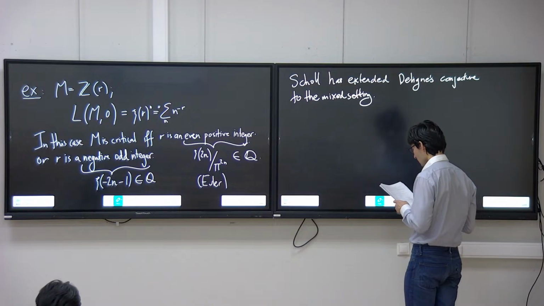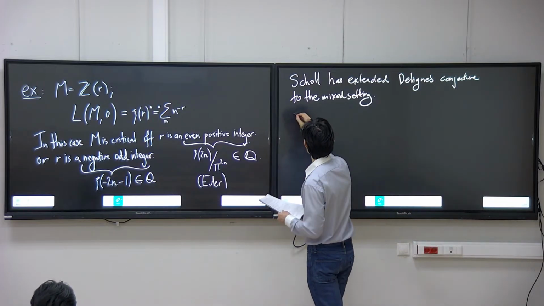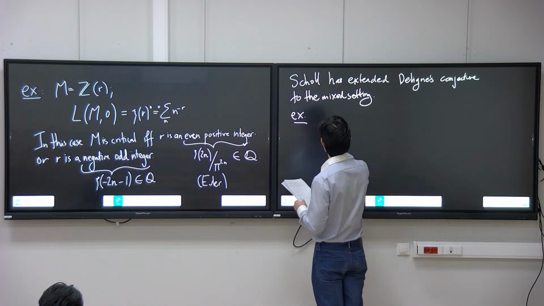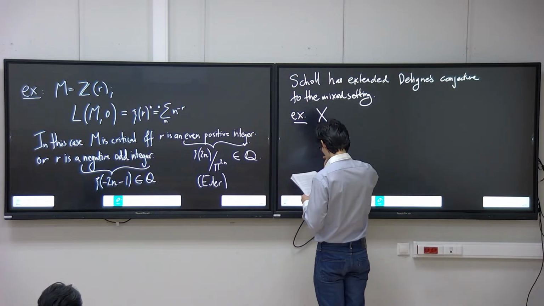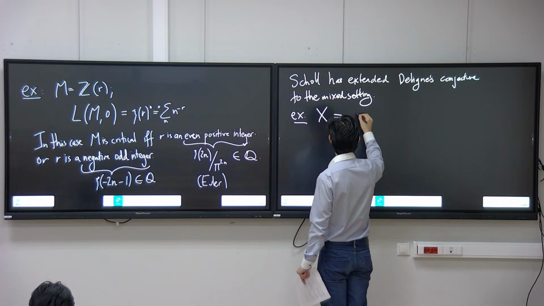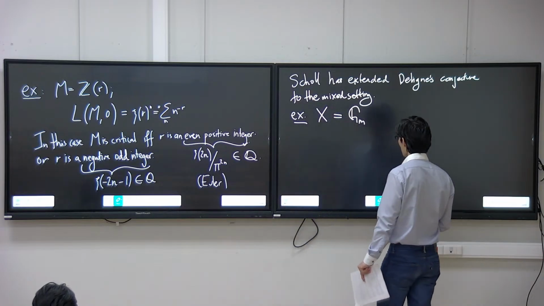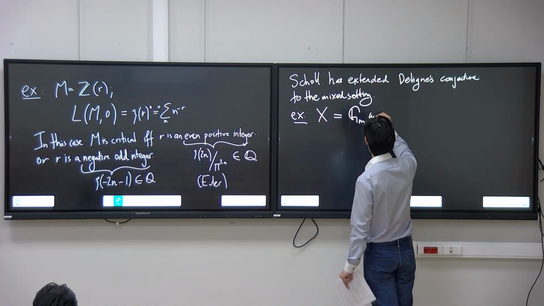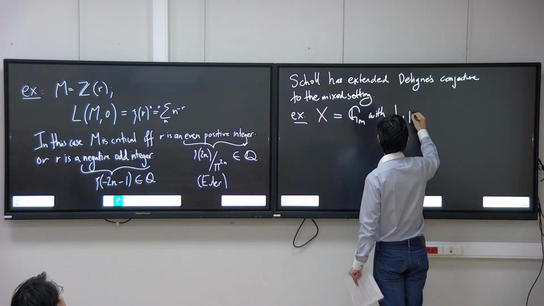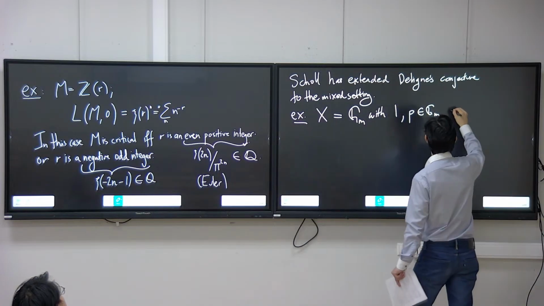In this case, I just want to give an example of what happens here. Let X be the following curve. X will be the multiplicative group, the punctured disk G_m, with the points 1 and p in G_m glued together.